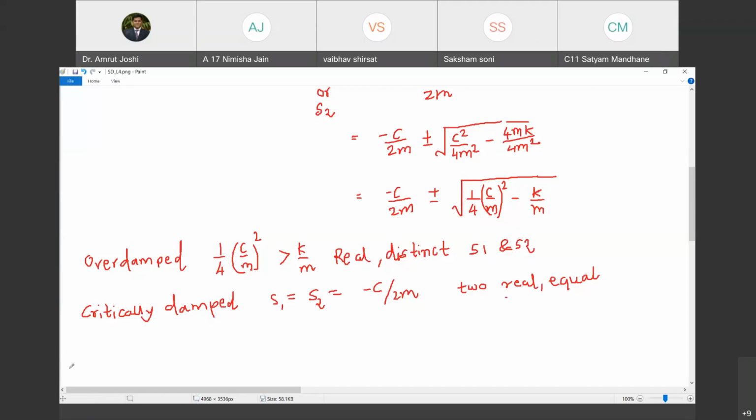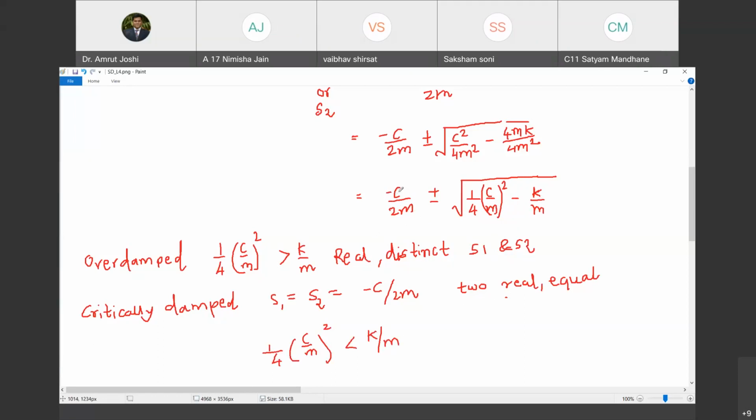Then the third possibility is that (1/4)(c/m) bracket squared is less than k/m. Therefore, in the bracket, you are going to have a negative sign. So the square root of -1 is i. Therefore, you are going to have two roots which are complex conjugates of each other.